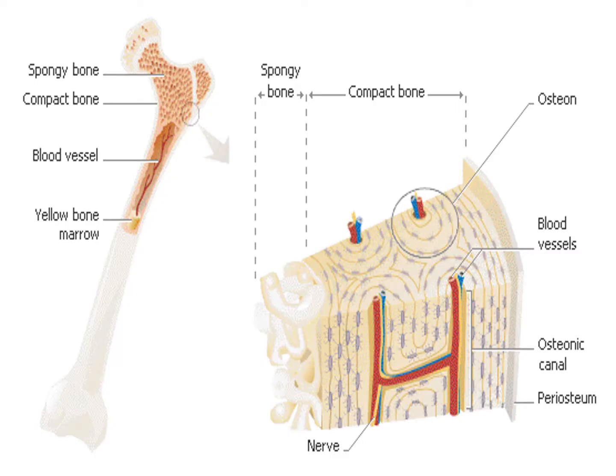So this is your typical cortical bone. What you see here are your osteons. These are your Haversian canal systems, typical of cortical bone.